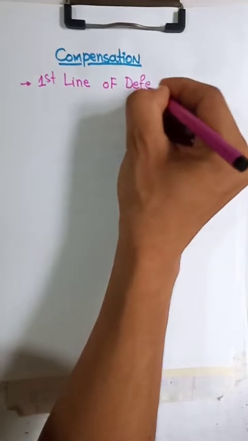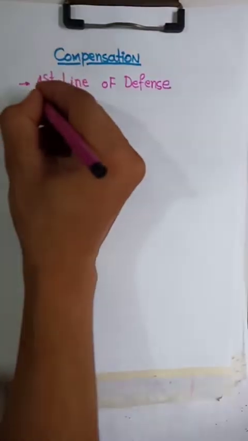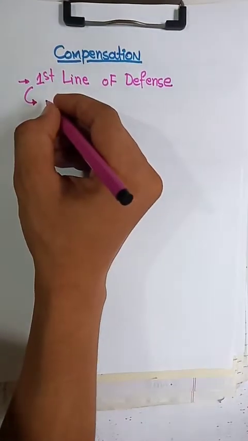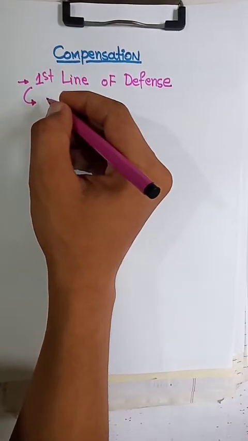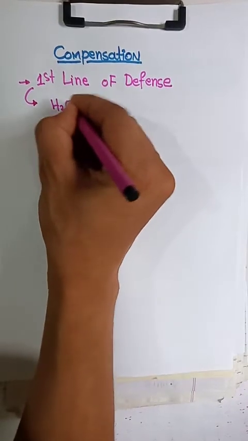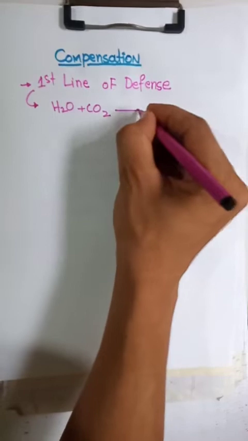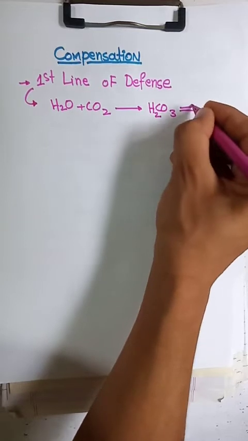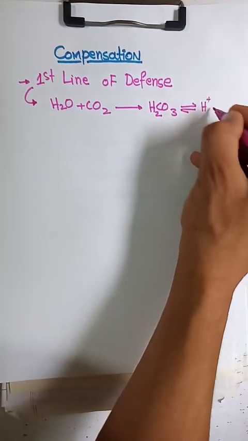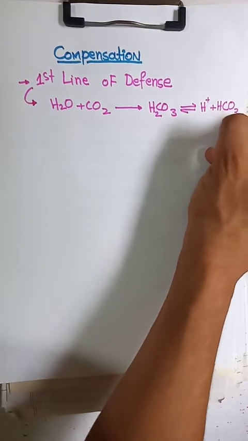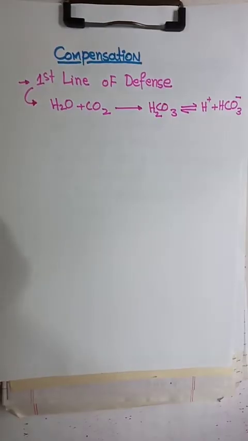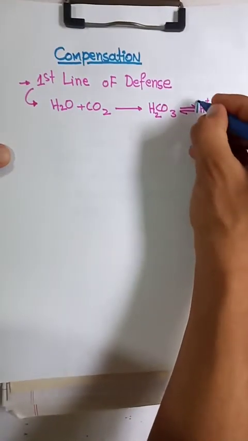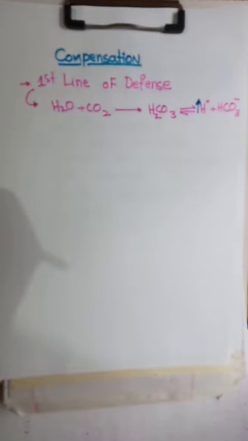According to the Henderson-Hasselbalch equation, the reaction goes forward: carbon dioxide, H2CO3, to increase more H positive to neutralize base.